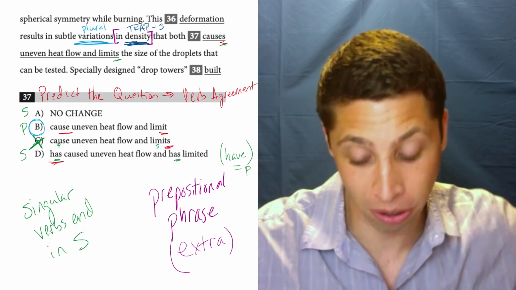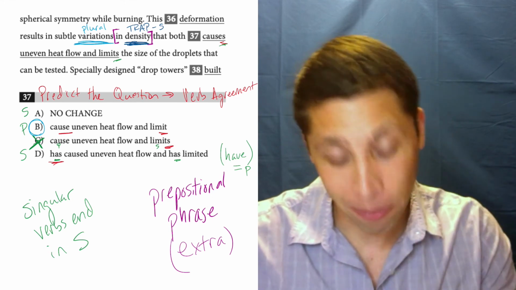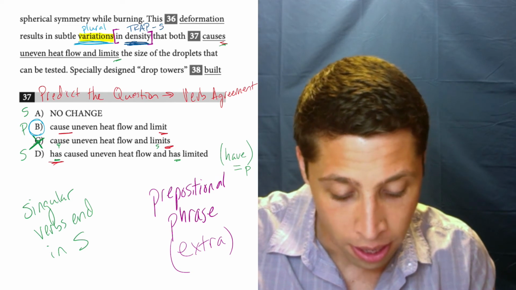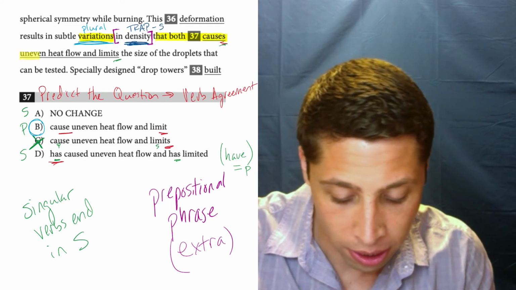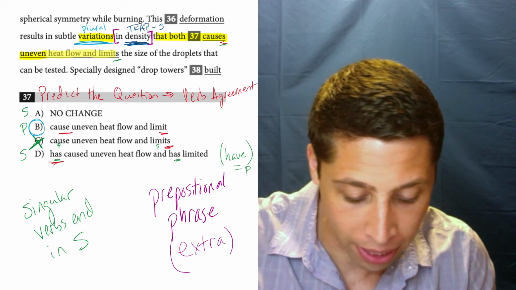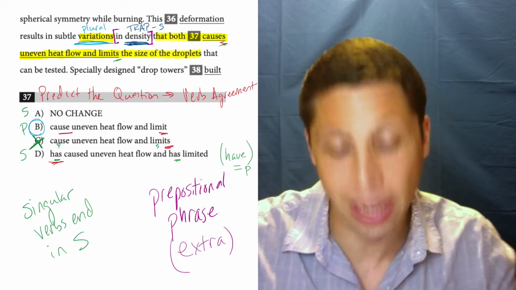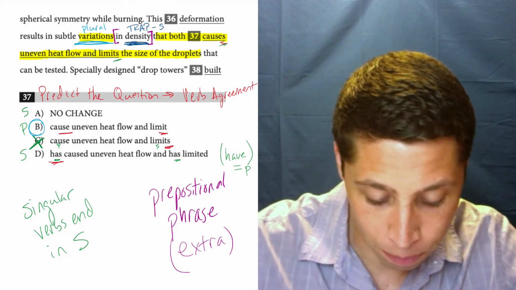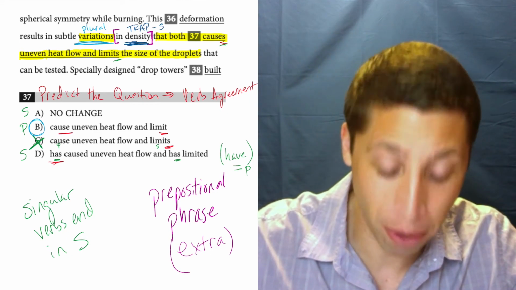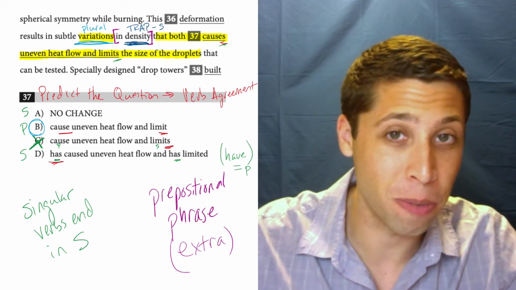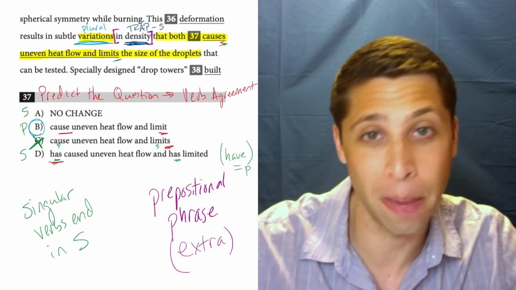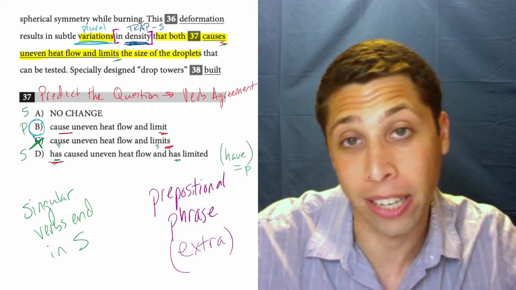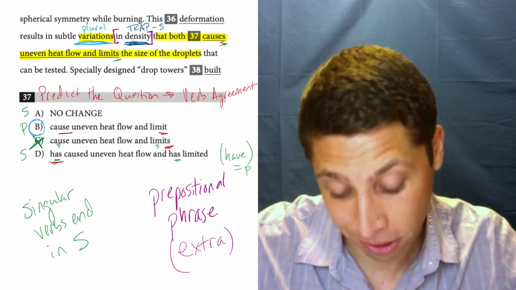This deformation results, well, it starts over here, in subtle variations that both cause uneven heat flow and limit the size of the droplets. That's like the main short version of this subject-verb pairing here. And so that part in density is helpful information, but grammatically it could be skipped over. It's not part of the main sentence, and so it cannot contain the subject. And that's why variations ends up being the word that matters.